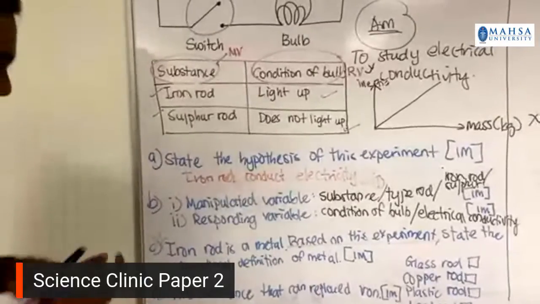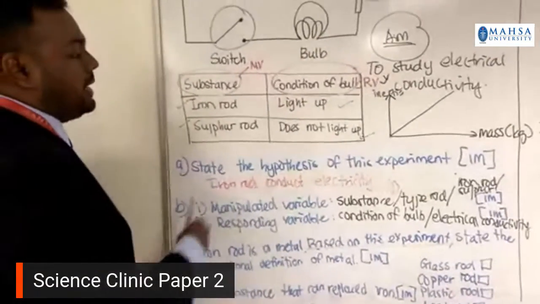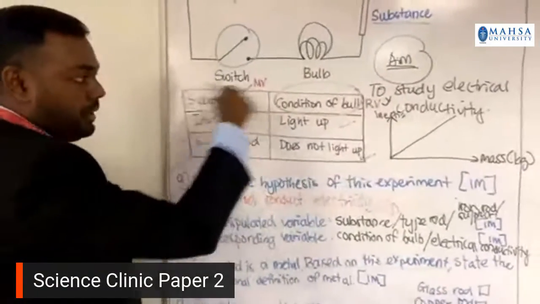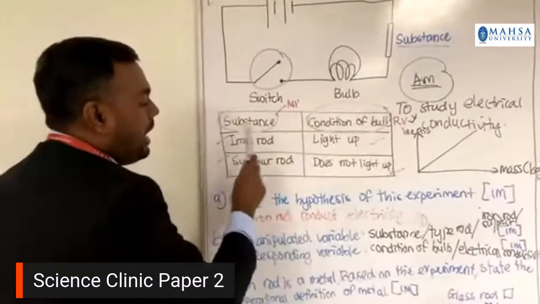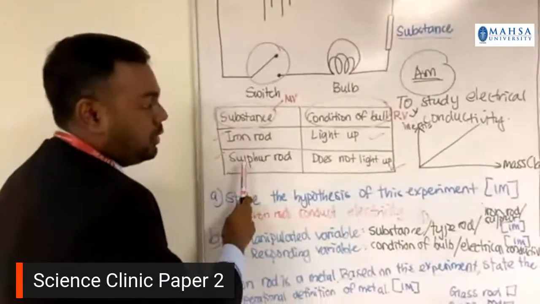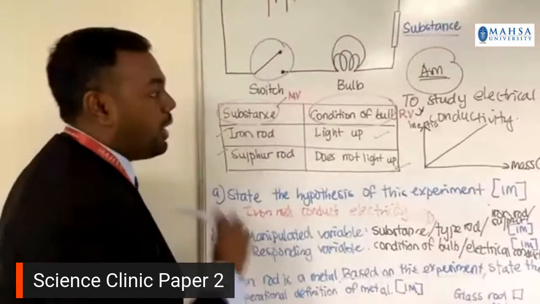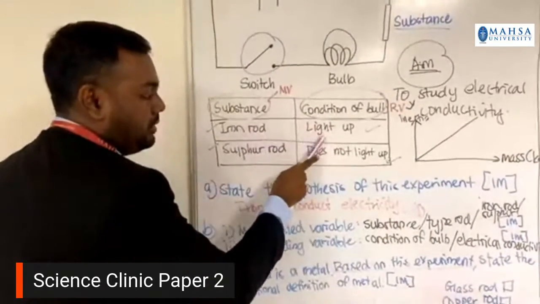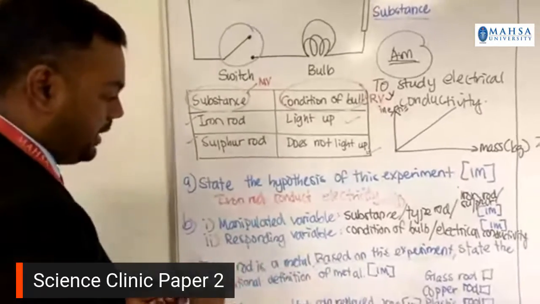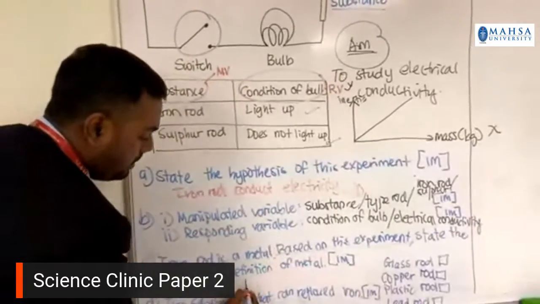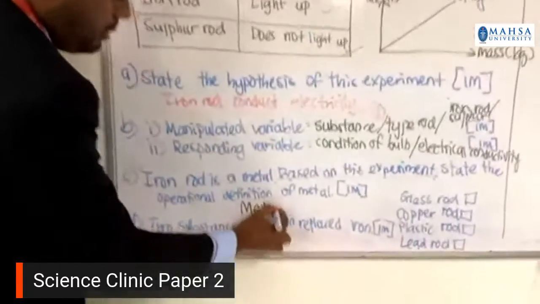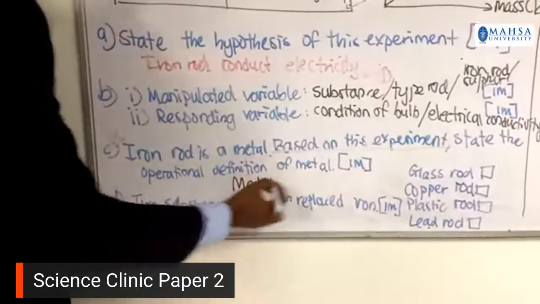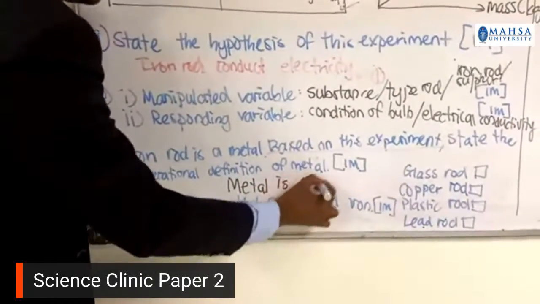So what you're going to do is look at the table. From the table, between the iron rod and the sulfur rod, which one is a metal? I know this one lights up, so the iron rod is a metal. So what I'm going to do here is define a metal.